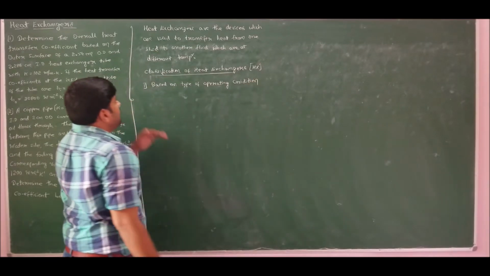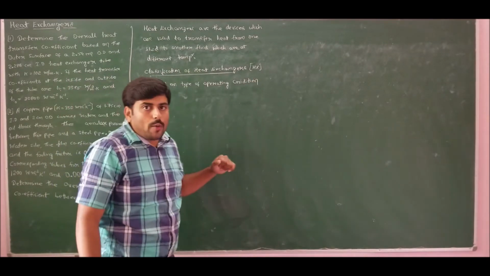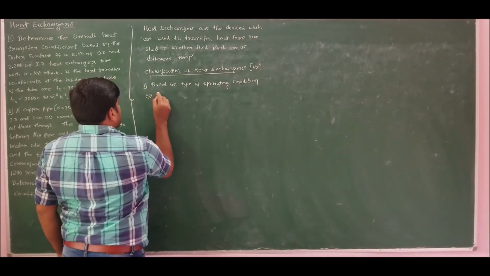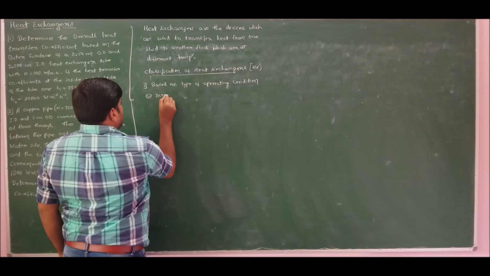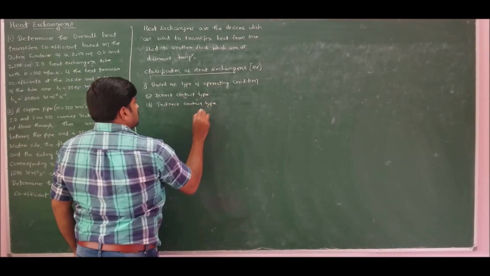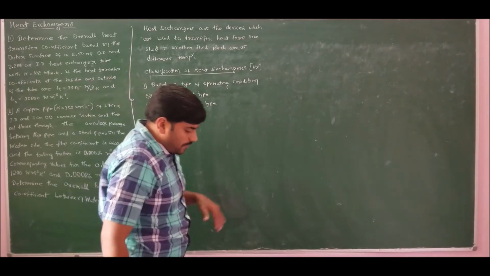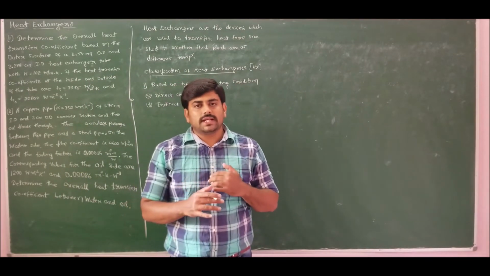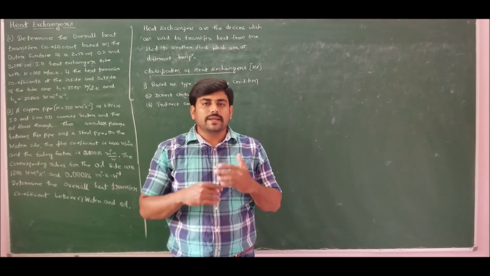If I classify heat exchangers based on type of operating condition, heat exchangers are classified as A. Direct contact type, B. Indirect contact type. Coming to the first one, in the case of direct contact type of heat exchangers, the heat transfer between the fluids takes place because of physical mixing of the fluids.